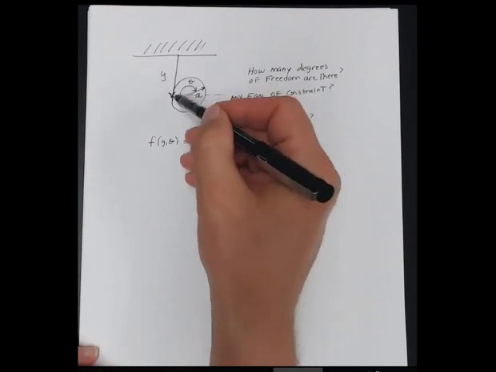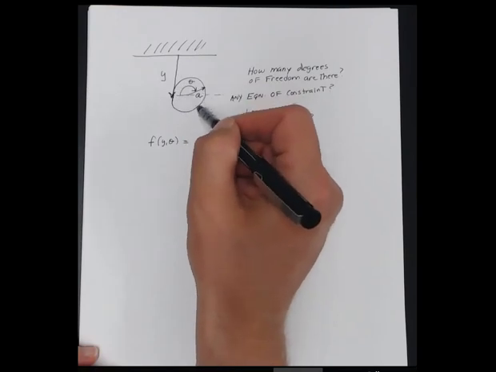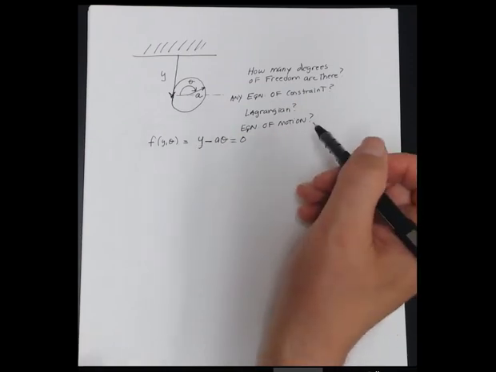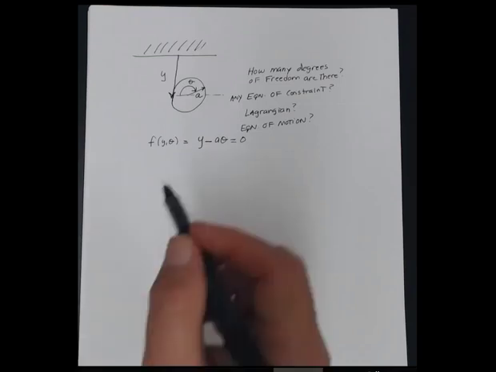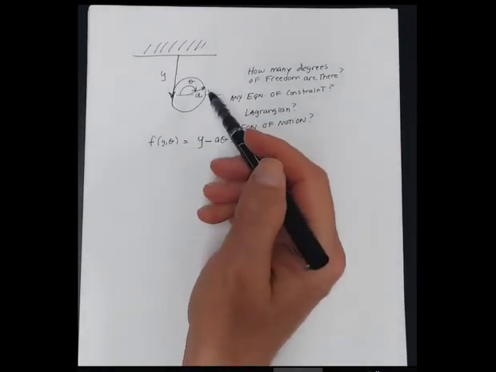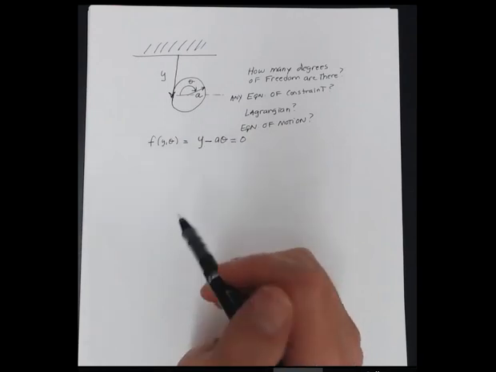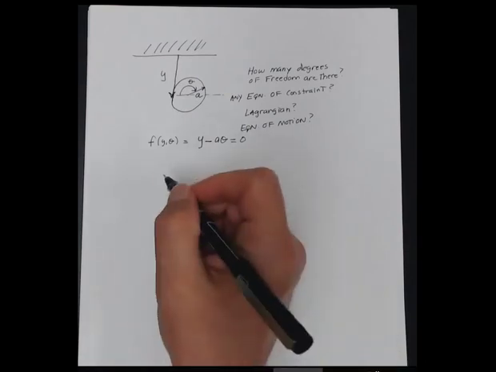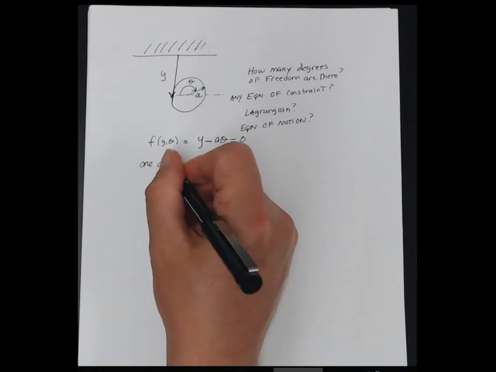The distance that it moves down is equal to the arc length that this vector here rotates around. So we have one equation of constraint, and so instead of 2 degrees of freedom, we're going to have 1 degree, because this is a relationship between these two. It's going to get rid of one of those coordinates. So we have 1 degree of freedom. That's our answer.